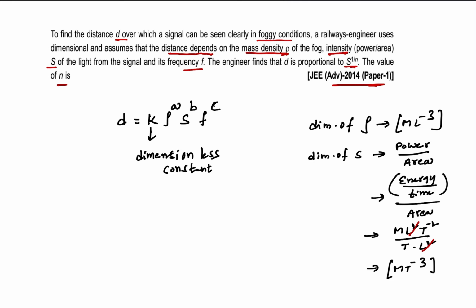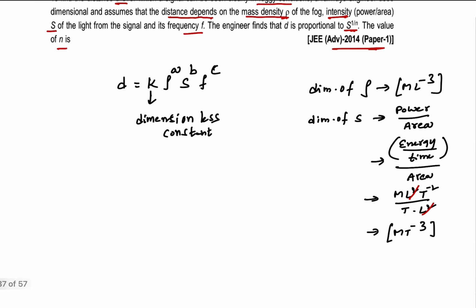This is the dimensional formula of intensity. Dimension of f is T power -1. Substitute there. Dimension of D is L.